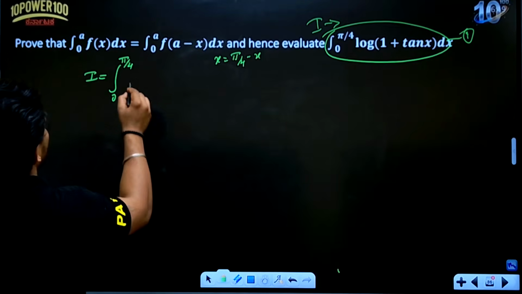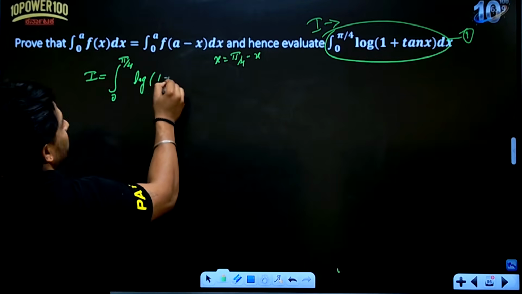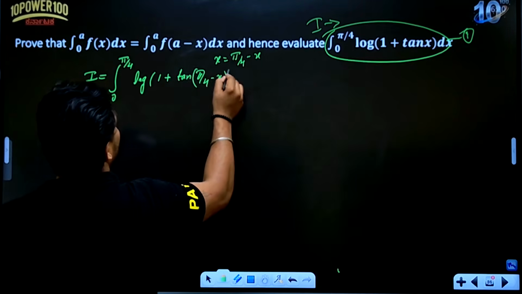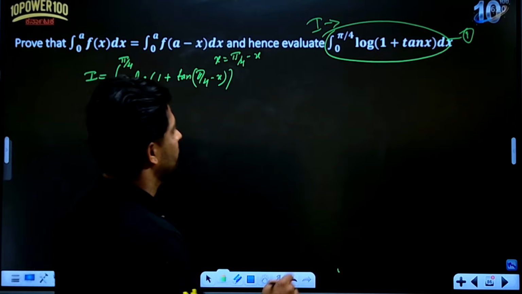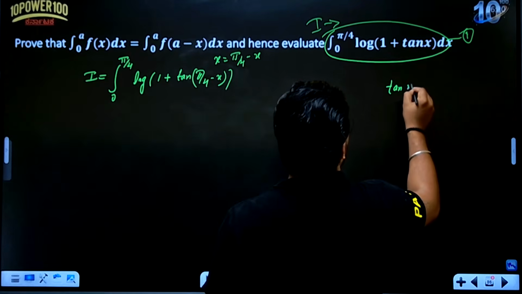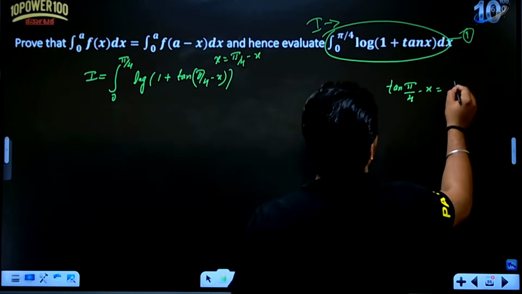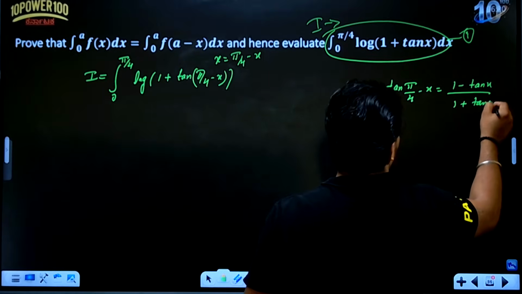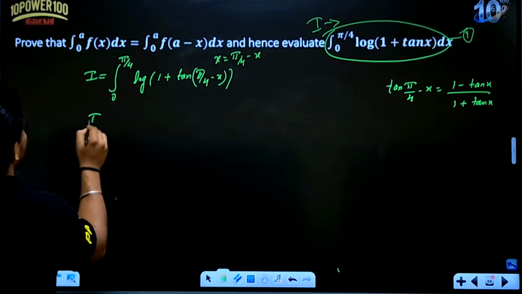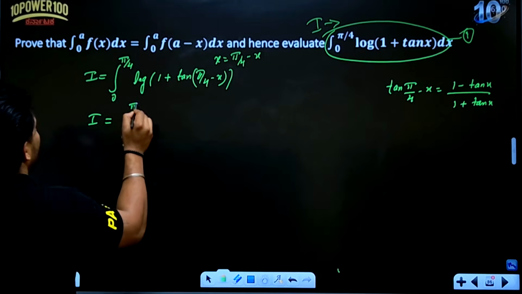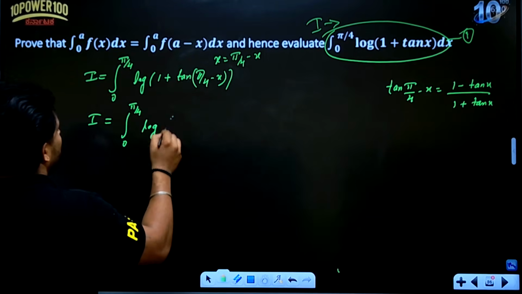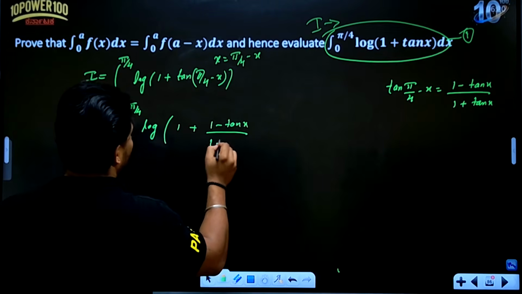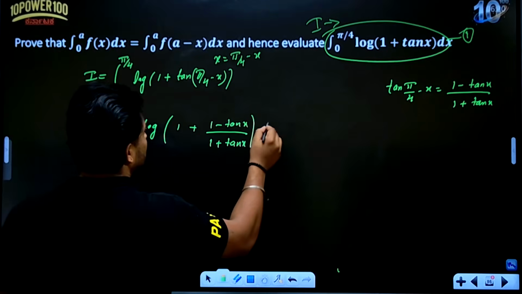So now we'll see log of 1 plus tan of pi by 4 minus x. Now we know the tan pi by 4 minus x formula: it is 1 minus tan x divided by 1 plus tan x. So we'll do the same thing here. I is equal to the integral from 0 to pi by 4 of log of 1 plus (1 minus tan x divided by 1 plus tan x) dx.